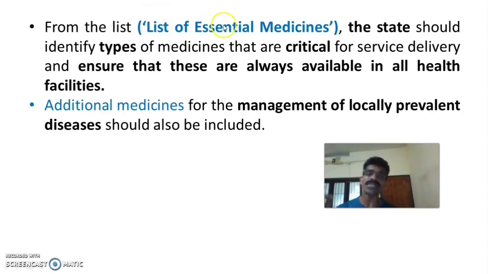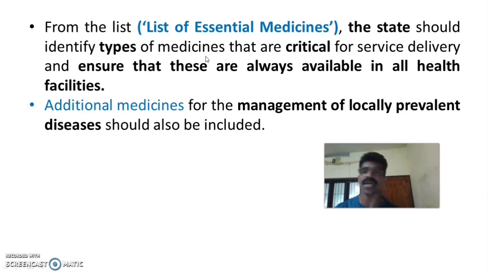So this is the common list given by the government, a list of essential medicines. From this list, every state should identify the type of medicine that is critical for their healthcare delivery services, because health problems vary from state to state.